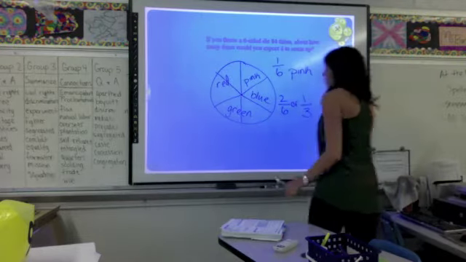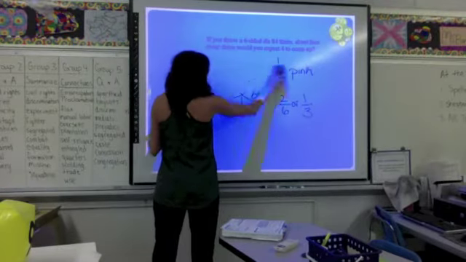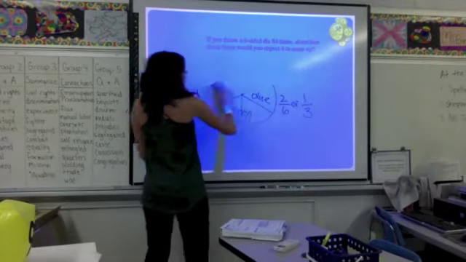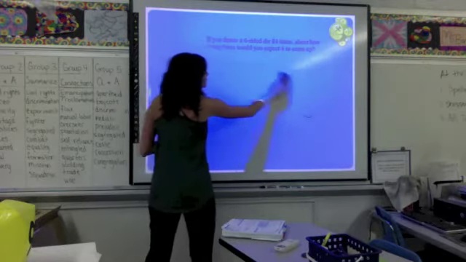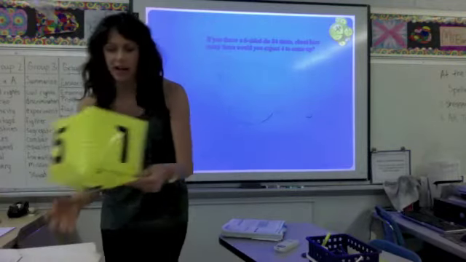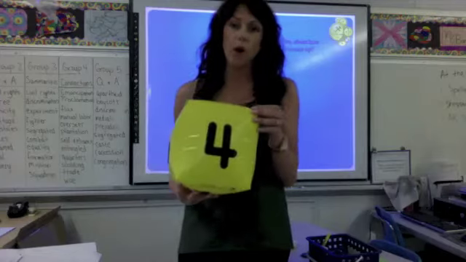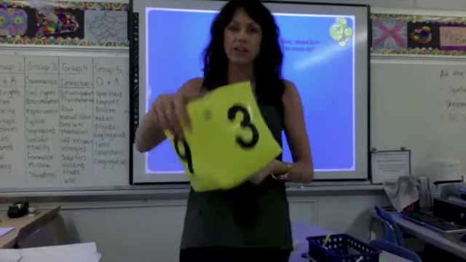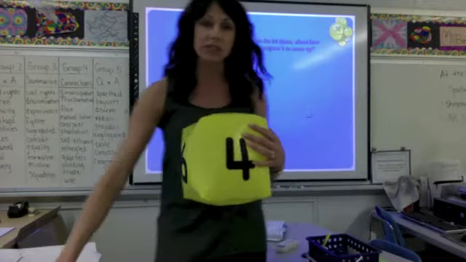Okay, this problem is about using dice. The question is, if you throw a six-sided die 84 times, about how many times would you expect 4 to come up? So here I have my six-sided die, and 4 represents 1 out of 6 numbers. There are 6 numbers on this die, and 4 is 1 out of those 6 numbers.